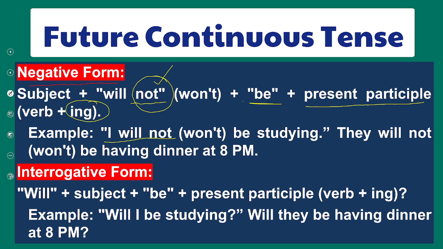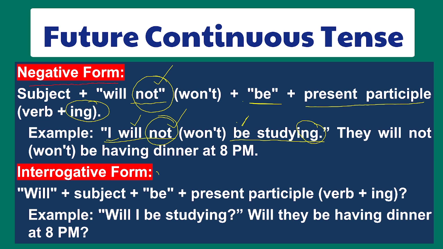Like I will not be studying. So what have we done? We just have to insert this not. This not will make it a negative sentence and all the structure is the same, the same subject, the same modal verb, the same be, the same ing form. We just have to insert the not to make it a negative form. I hope you guys have understood how to make the negative form of the future continuous tense. So let's find out what's next.